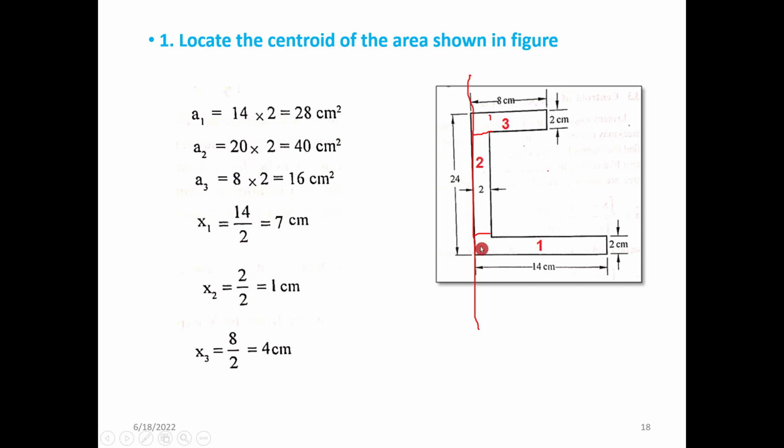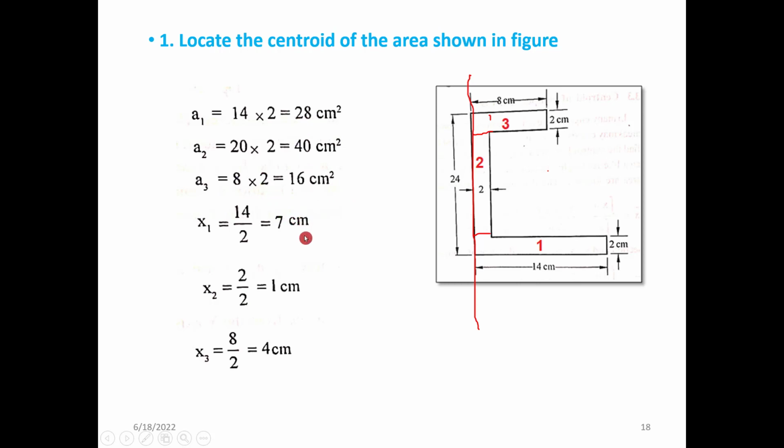So 24 minus 4 is 20, into 2 is the thickness, 40. A3 is the full rectangle here, 8 into 2, 16 centimeter square. These are the calculated values A1, A2, A3.